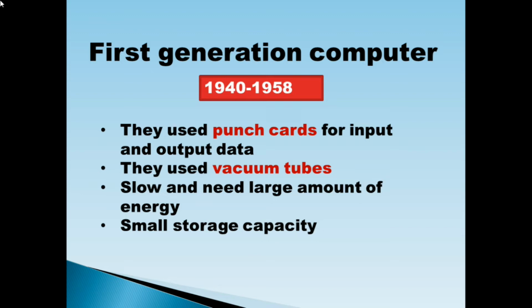They were very slow, needed a large amount of energy, and had small storage capacity. So first generation computers used vacuum tubes as the electronic component and punch cards for input and output data. They were slow in speed, required a lot of power, very large in size and very expensive.